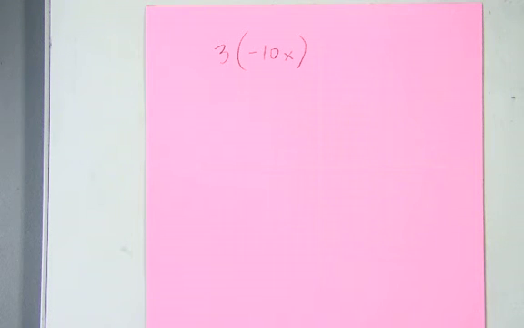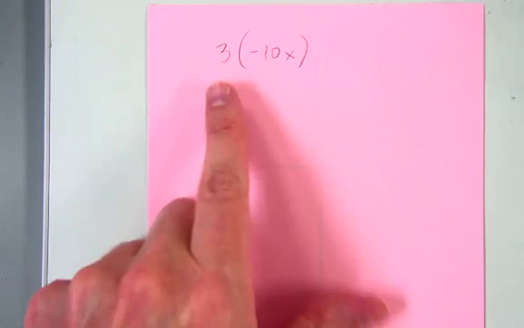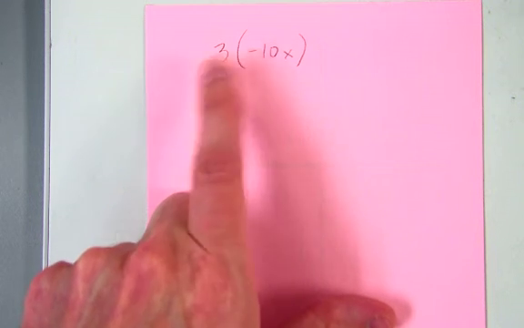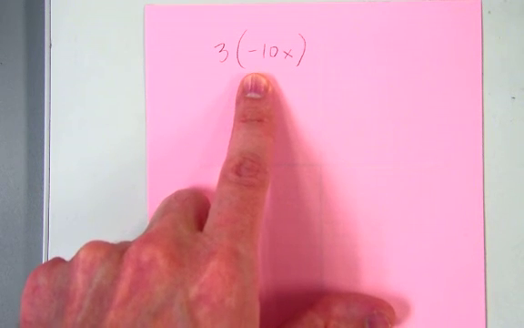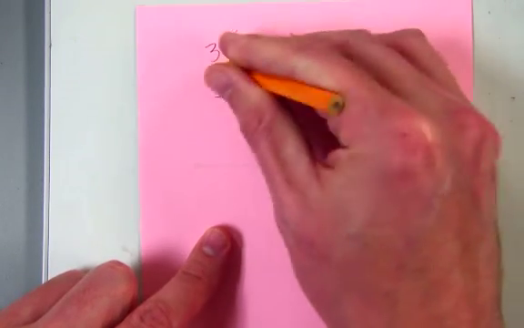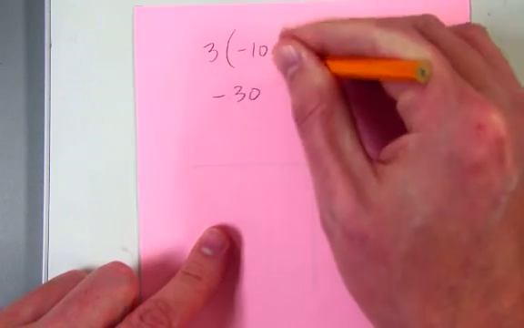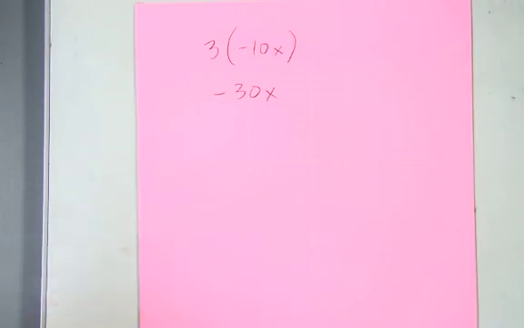Okay? We can multiply these. It's fine. You don't have to have like terms for multiplication, just for addition and subtraction. So if we were doing this, 3 times negative 10, my signs are different. Got to remember our Module 1 rules, right? Signs are different when we're multiplying. Our answer is going to be negative, and then 3 times 10 is 30. And then the x just kind of comes on down. So we can go ahead and work that out, okay?